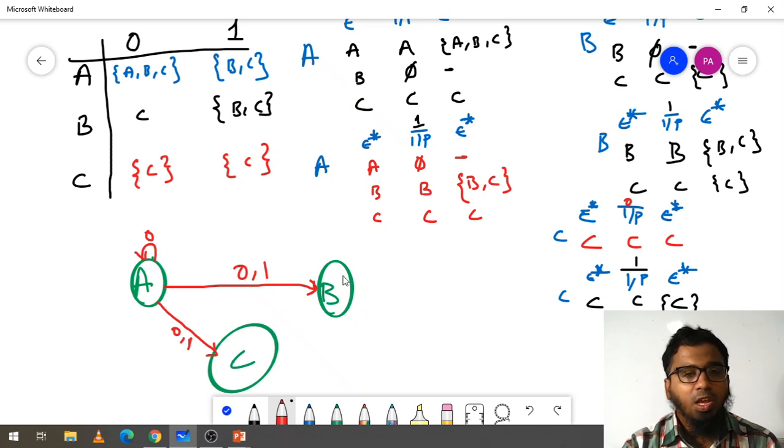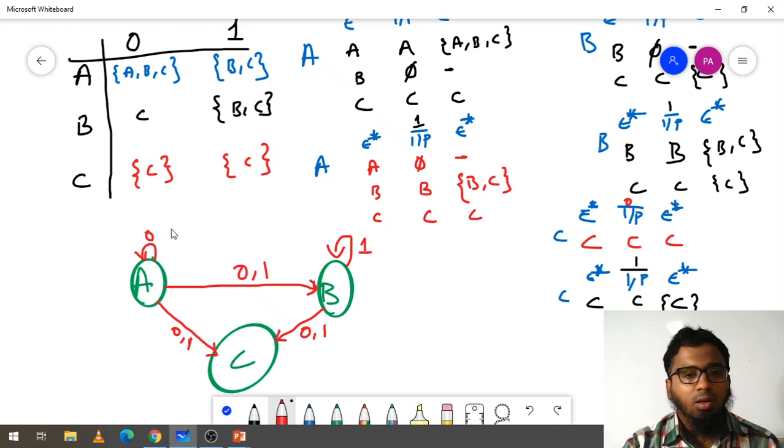Next, B on 0 is going to C, and B on 1 is going to BC. B on 1 is going to BC means first B on 1, and you write 0 comma 1.